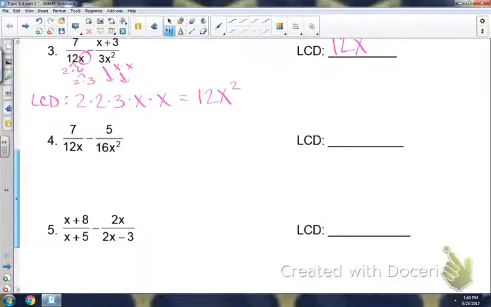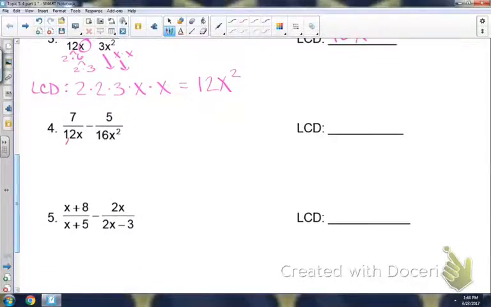Okay, so looking at 4, we have a 12, so 2 and 6, 2 and 3. So we're going to bring everything down from the first one. So 2 times 2 times 3, and then you have an x. And then using factor tree on the 16, 2 and 8, 2 and 4, 2 and 2.